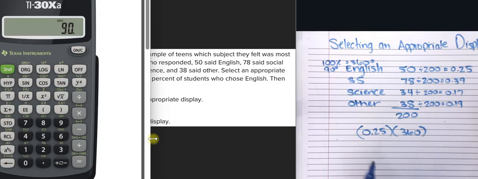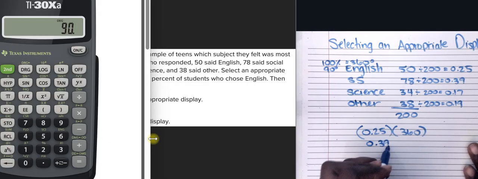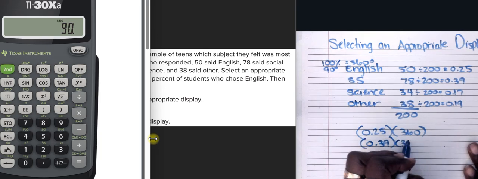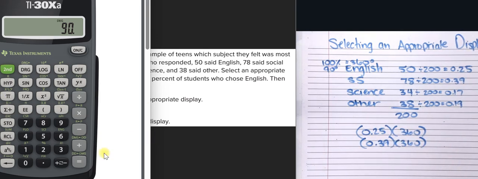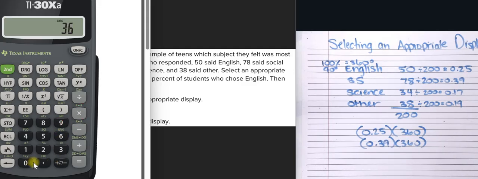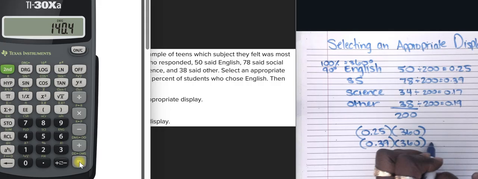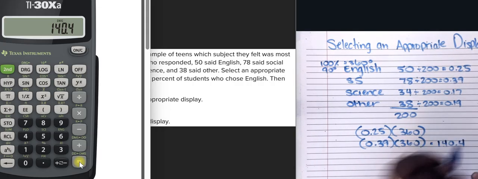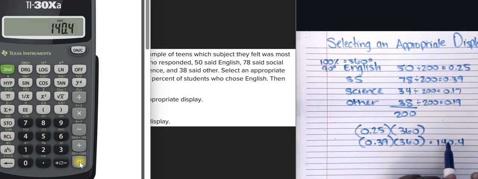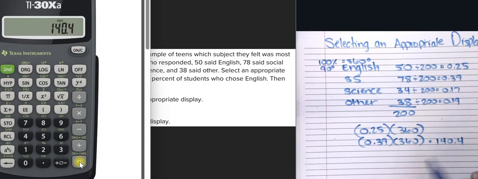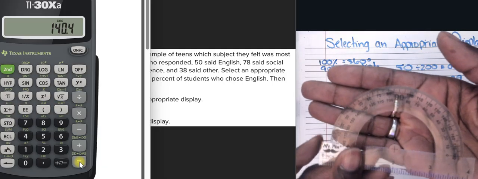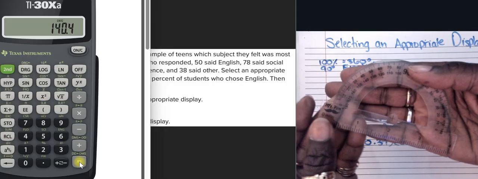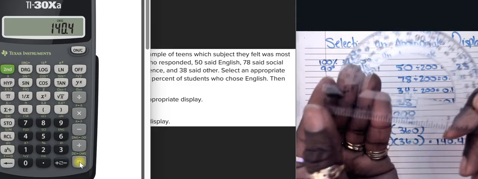We're going to have 39%, so 0.39 of 360. That gives me 140.4. Typically, we will round to the nearest whole number, and the reason for that is, if you look at my protractor, it goes by whole numbers.